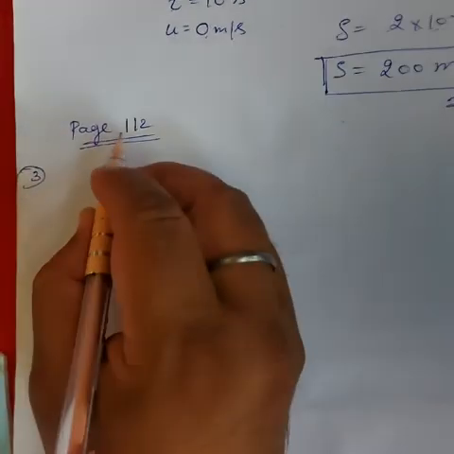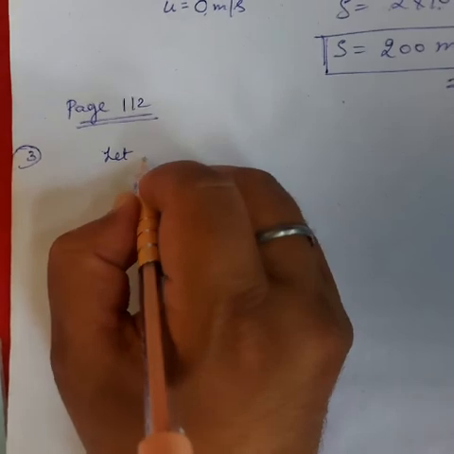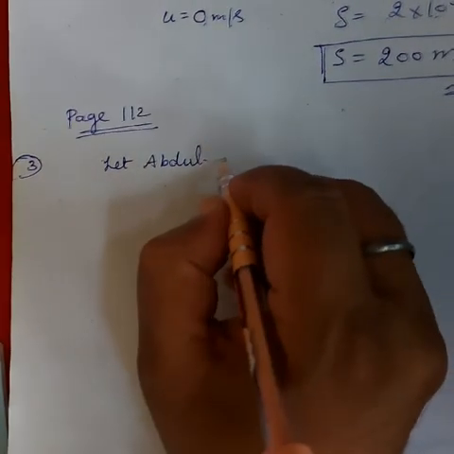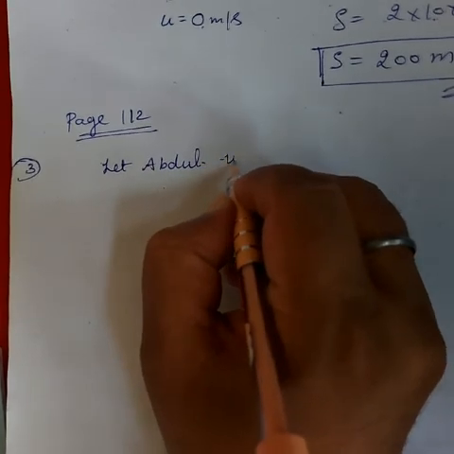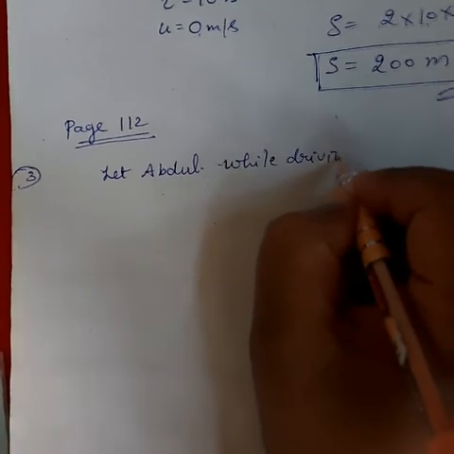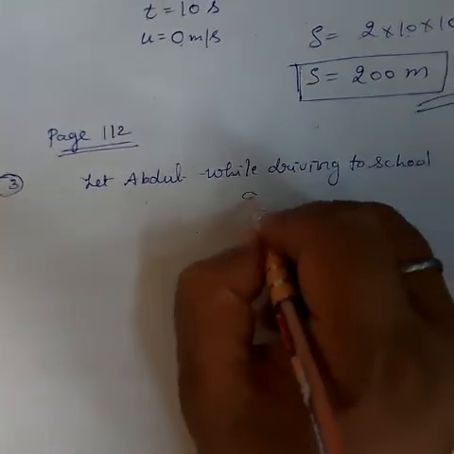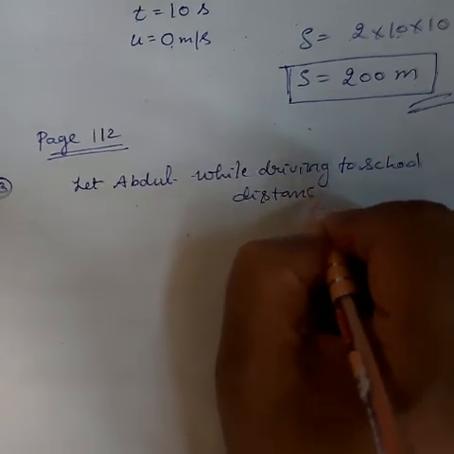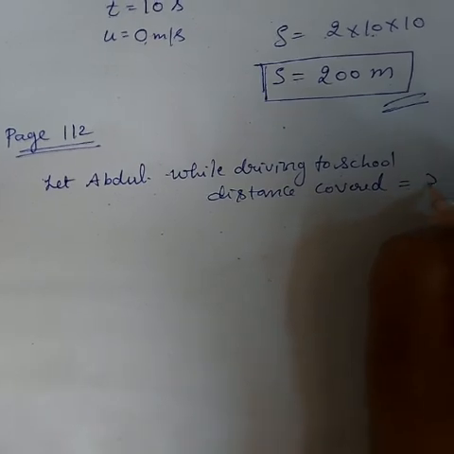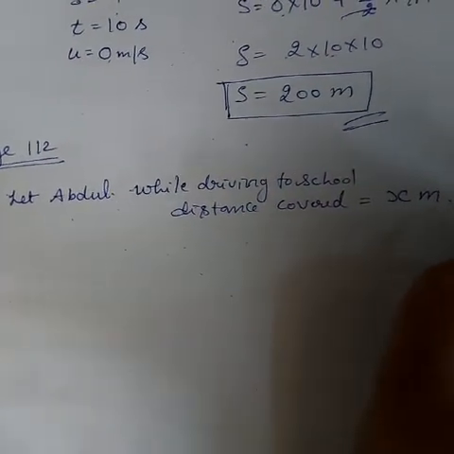Here we don't know the distance, so we take: let Abdul, while driving to school, distance covered be equal to x meter. We don't know it, that's why we are putting x here.